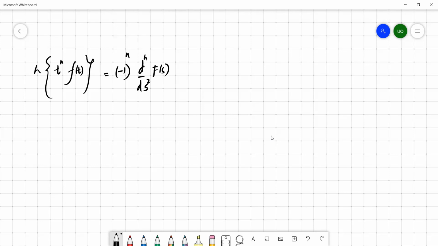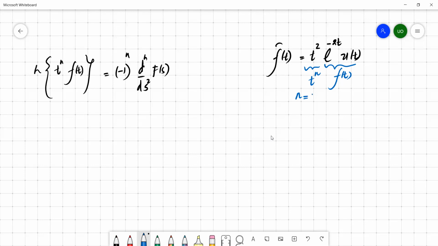What we want is the Laplace transform of this f tilde(t), which equals t squared e to the power minus 2t u(t). By looking at this, you can easily identify this is your f(t), and this is the t to the power n term there. For this particular example, n becomes 2.